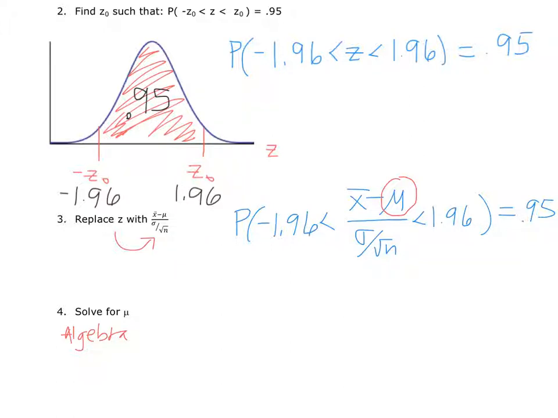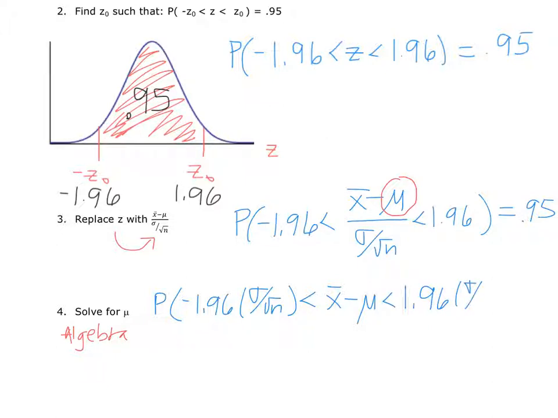So this is going to become the probability of, we multiply negative 1.96 times sigma over square root n. So we get negative 1.96 times sigma over square root n less than, if we multiply that middle piece by sigma over square root n, it's just going to cancel out. So we're left with x bar minus mu. And then multiplying the 1.96 by that quantity, we get 1.96 times sigma over square root n, and then that probability is still equal to 0.95.